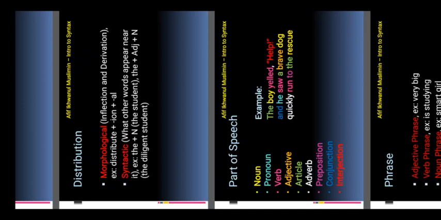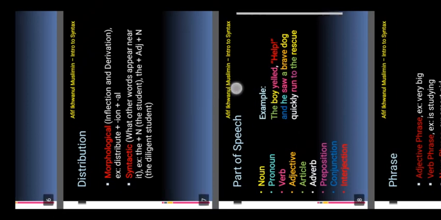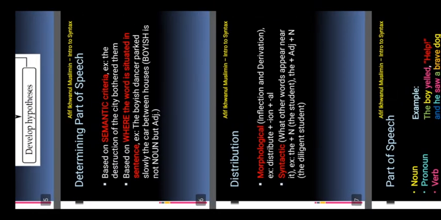And the next part is syntactic distributions. It relates to the previous discussion on deciding the part of speech, that we have to understand the syntactic situation or the position of the word. For example, the is usually followed by a noun, like in the students. Students here is positioned as a noun.